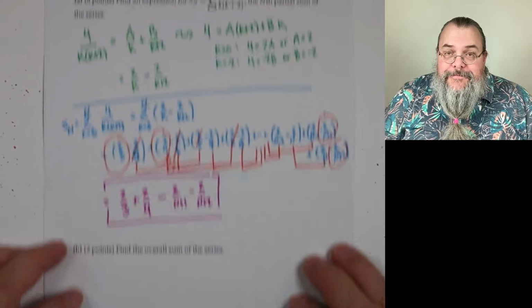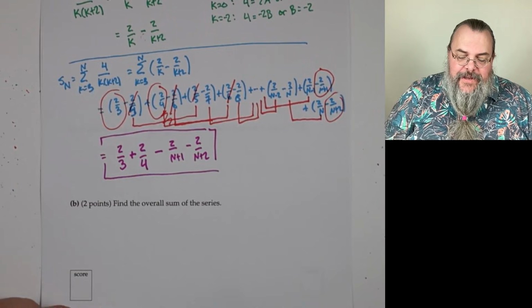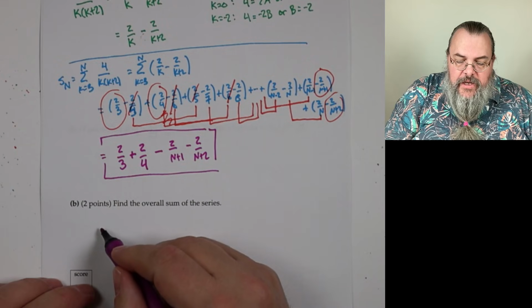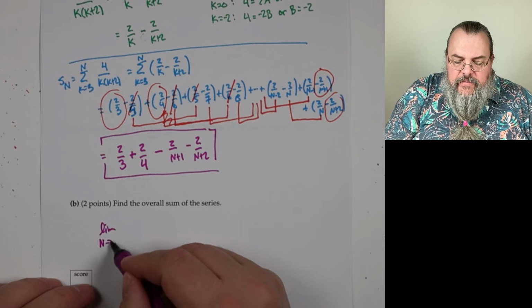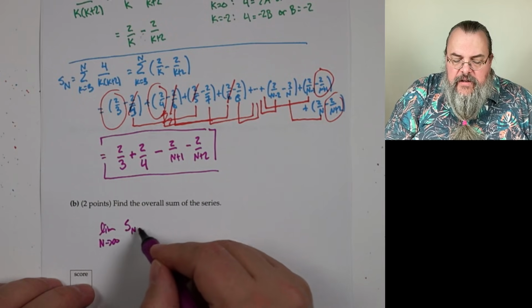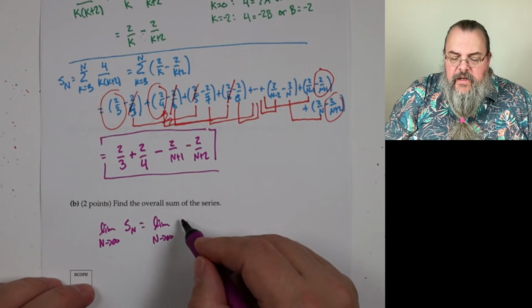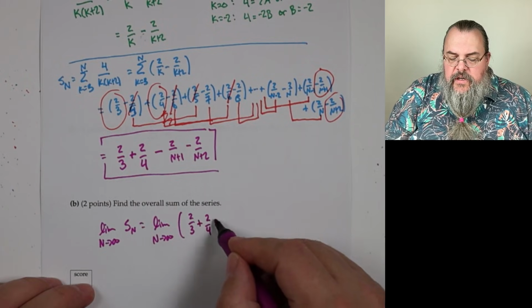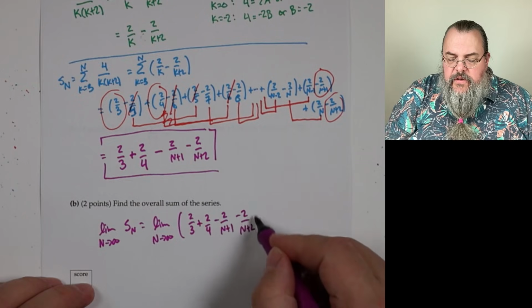Now, part B, find the overall sum of the series. And the idea is, well, the sum of the series is going to be, take the limit as capital N goes to infinity of S_n. So that's the limit as capital N goes to infinity of 2 over 3 plus 2 over 4 minus 2 over n plus 1 minus 2 over n plus 2.